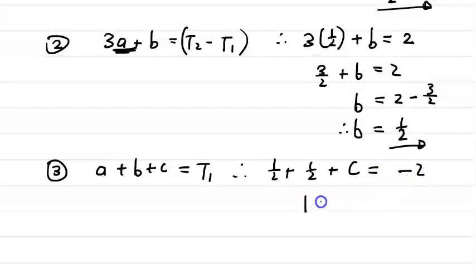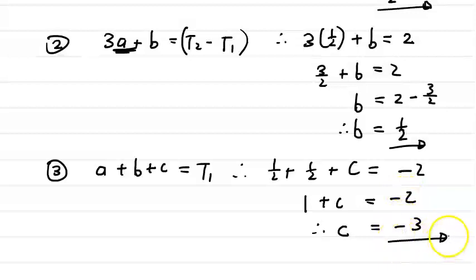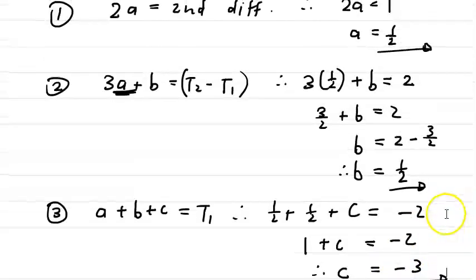So half plus half is 1, plus c equals minus 2. Therefore, we can conclude that c is equal to, if I bring this plus 1 over to the right hand side, it becomes minus 1, and minus 2 is minus 3. So learners, as you can see now, I've got a, b, and c. a is equal to half, b is equal to half, and c is equal to minus 3.